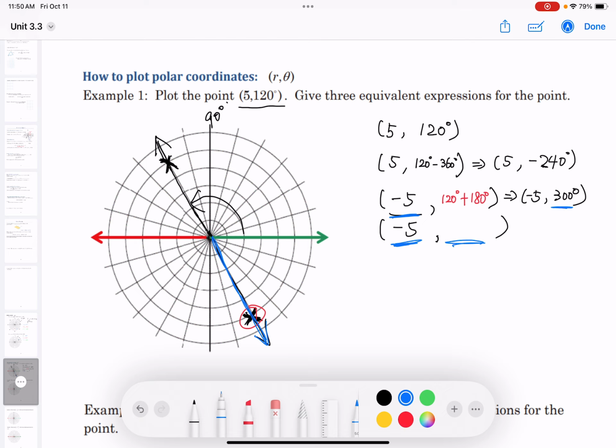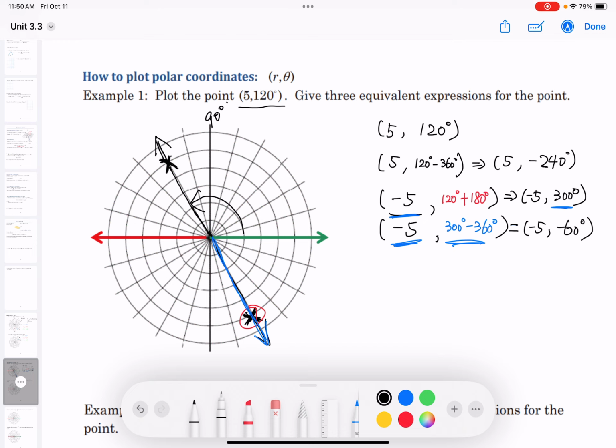So I can choose 300 degrees minus 360 degrees. So I'm going to have (-5, -60 degrees). So by this way, we found 4 points.